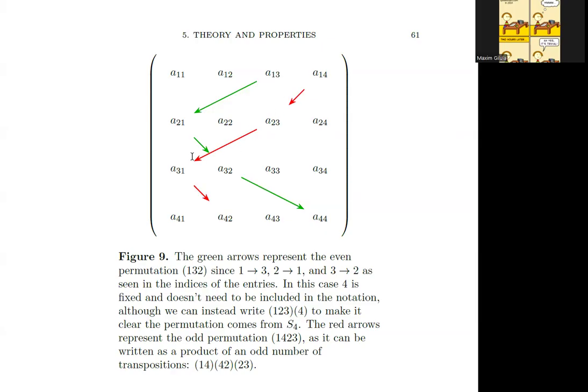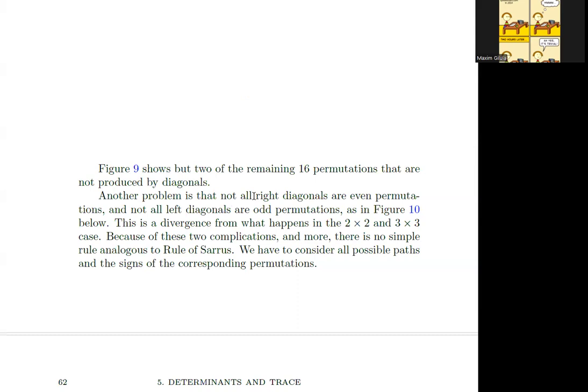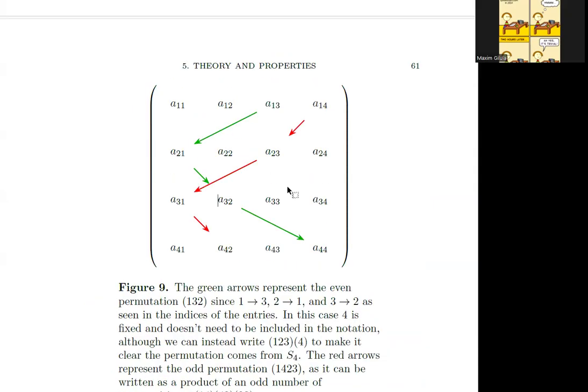And that represents this path along the matrix. And it's an odd permutation because it's a product of an odd number of transpositions. So each of those are odd, and there's an odd number of them. So it's an odd permutation. And this shows just 2 of the 16 permutations that are not produced by diagonals.